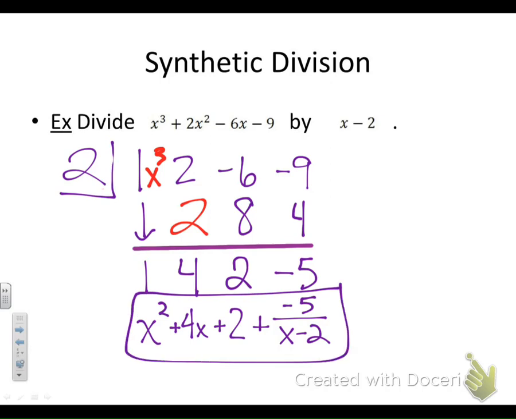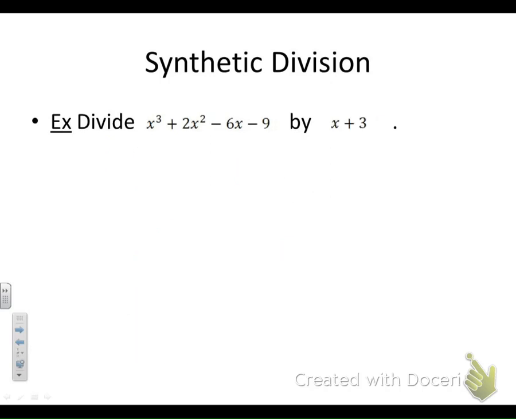Now that we've seen how it works, we're going to do it again using synthetic division. We typically have to identify where the divisor is. So we know this is the divisor, and our setup will have a box and then a line in the second blank.